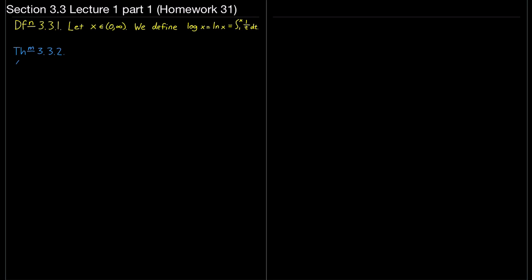So first thing we're going to write down is that log is differentiable everywhere for all x between 0 and infinity, and log prime of x, that's the derivative of the logarithm, is 1 over x. And this isn't hard to prove.